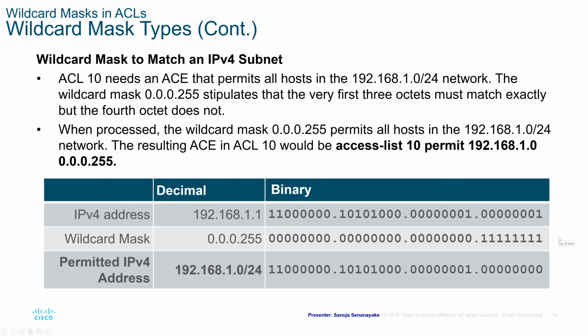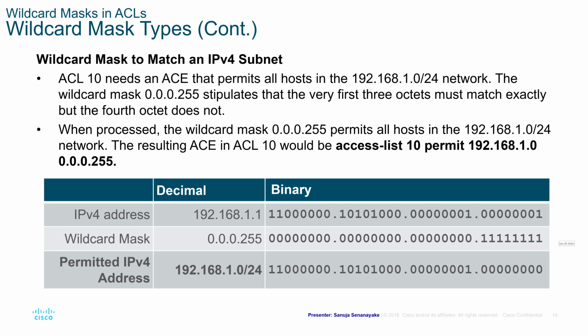So there's a situation called wildcard mask to match an IPv4 subnet. This is a different type of wildcard mask use. ACL 10 needs an ACE, access control entry, that permits all hosts in the 192.168.1.0/24 network. The wildcard mask is now going to be 0.0.0.255.